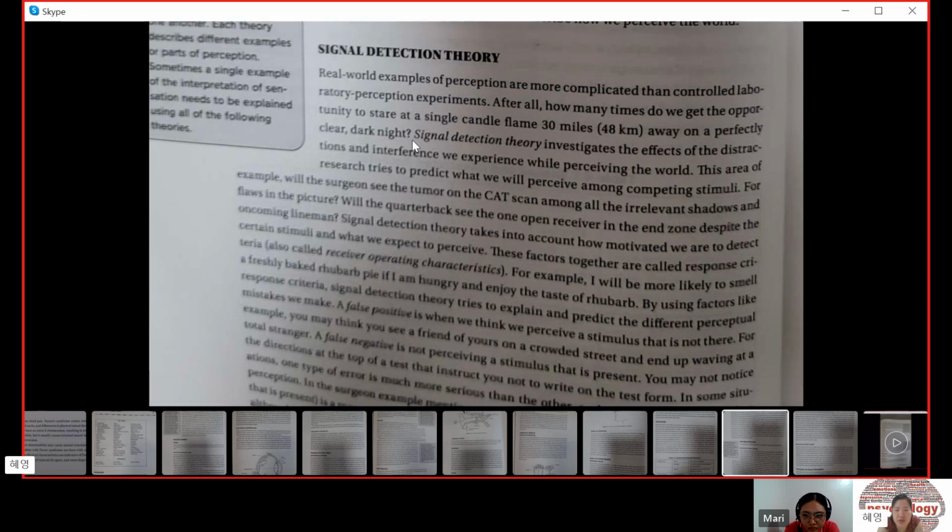Signal detection theory investigates the effects of the distractions and interference we experience while perceiving the world. This area of research tries to predict what we will perceive among competing stimuli.